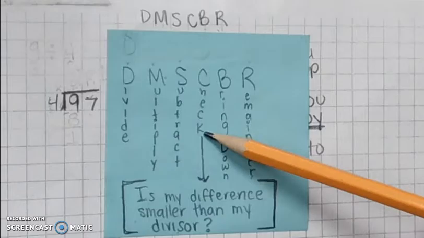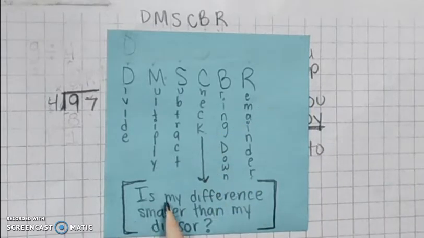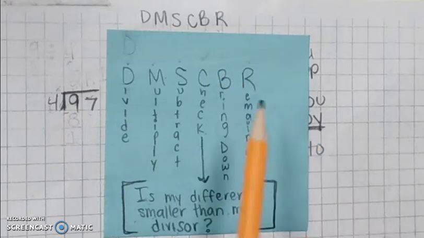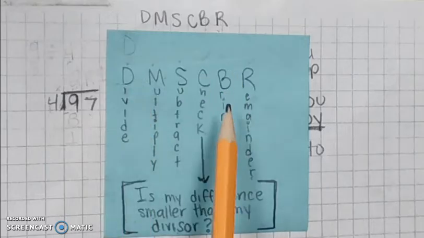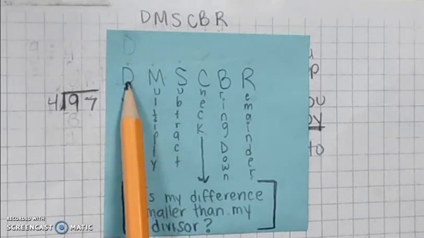And when you're checking, you have to ask yourself a really important question, which is my difference smaller than my divisor? If your difference is the same as your divisor, or your difference is bigger than your divisor, then you're going to have to start over and go back because you made a mistake, and it means that every group could have gotten at least one more inside each group.